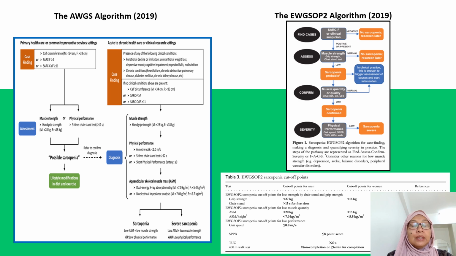Similarly, the EWGSOP2 2019 algorithm includes criteria for low muscle strength, low muscle quantity or quality, and low physical performance. These algorithms help clinicians systematically identify and diagnose sarcopenia in older adults.